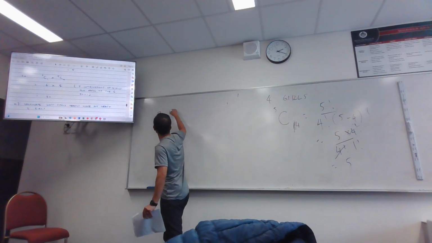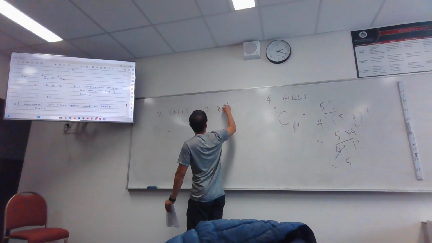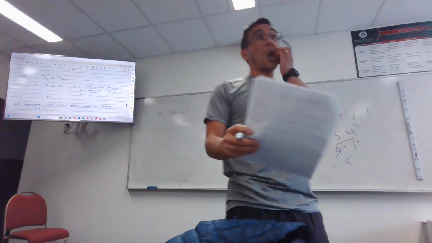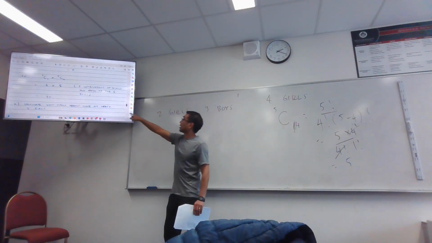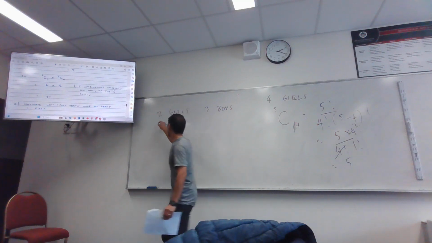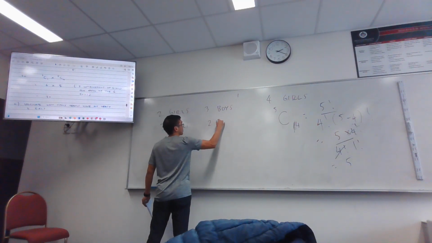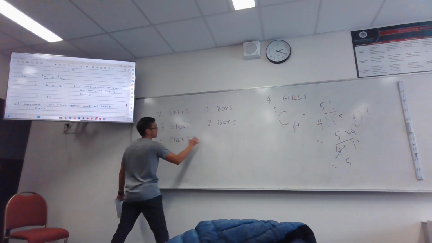We've got 2 girls and 3 boys. Is that it? At least 2 girls? 3 girls. 4 girls. And how many boys? 2. 4 girls and 1 boy, and then 5 girls.